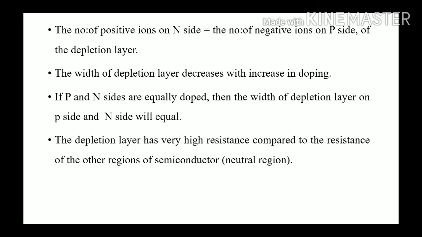That means a highly doped semiconductor has a narrow depletion region and a lightly doped semiconductor has a wide depletion region. If the doping concentration of P side and N side are equal, then the width of the depletion layer will also be the same on both sides. Since the depletion layer contains charges, it has higher resistance compared with the other regions of the semiconductor.